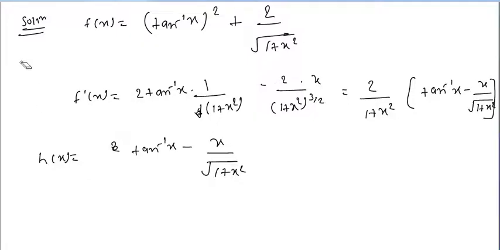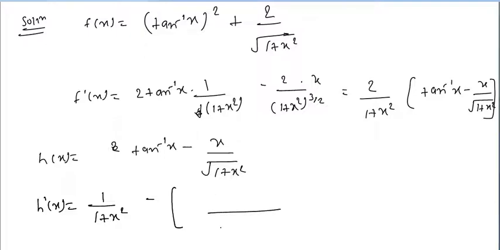h dash x is equal to, differentiation of the first part is 1 divided by 1 plus x square, minus, here you have to differentiate the numerator by the denominator part.